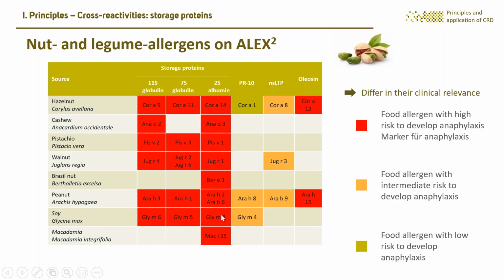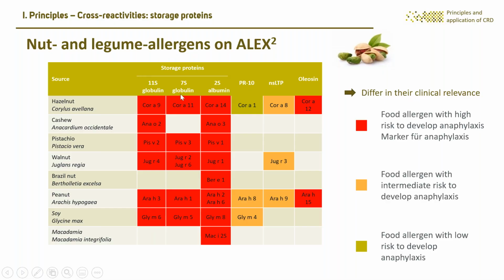So these are highlighted here in red. Others shown here in orange, they can be very nasty. They can cause severe symptoms like the LTPs or particular PR-10 proteins, but they can also cause only mild symptoms. And those highlighted in green, like Cor a 1 from hazelnut, they usually cause only mild symptoms.